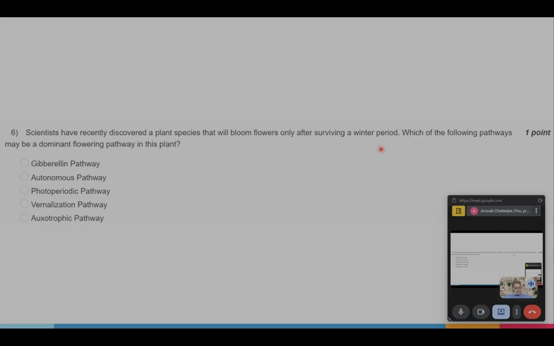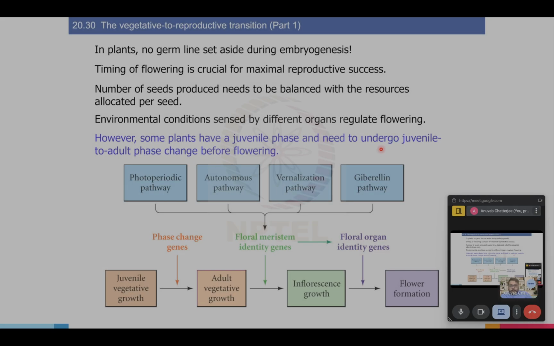Okay, let us look at it. Interestingly, as we have seen in earlier discussion on animal fertilization, such as in the case of Drosophila, the pole cells, which are the cells that will give rise to the germline, are segregated really early during development and kept away from every other somatic cell.